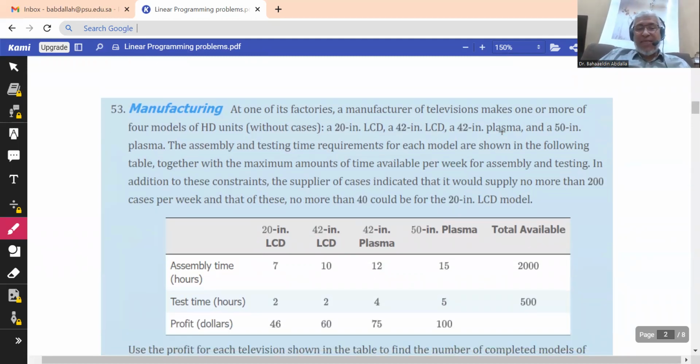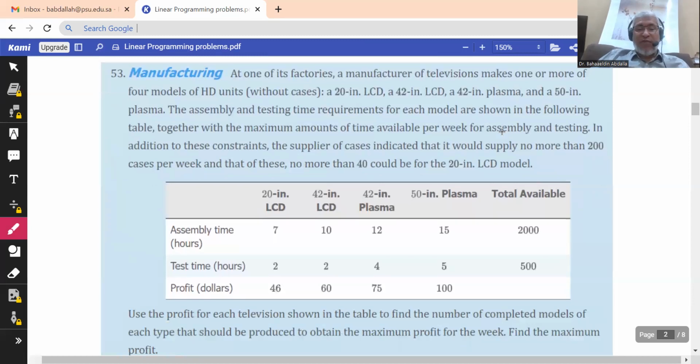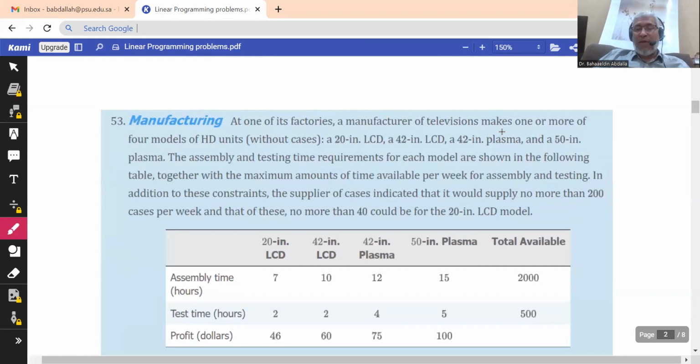The assembly and testing time requirements for each model are shown in the following. So this model uses 7 hours of assembly time and so on. And test time, they also test after assembly. So 42-inch plasma takes 4 time to test and so on. And this is the profit for each model, together with the maximum amounts of time available per week.